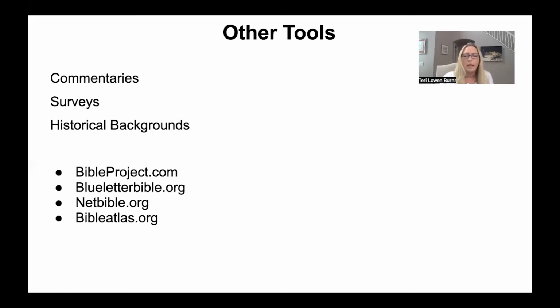Moving forward, today we're going to talk about other tools that we have for doing our exegesis. We have commentaries, which are books written by scholars and theologians who have gone before us, who have done all of the work and the education, and they've brought all the information into specific books called commentaries. For instance, a commentary on the book of Matthew.